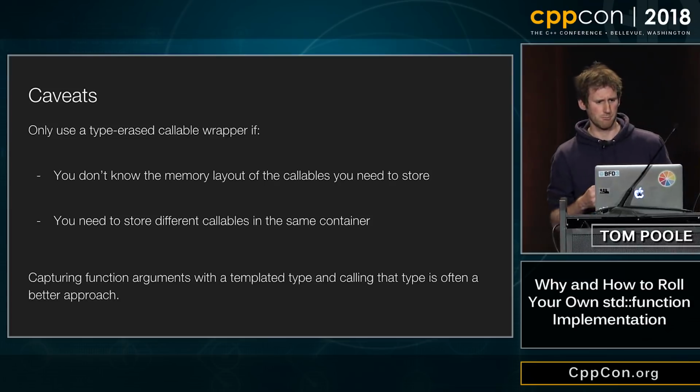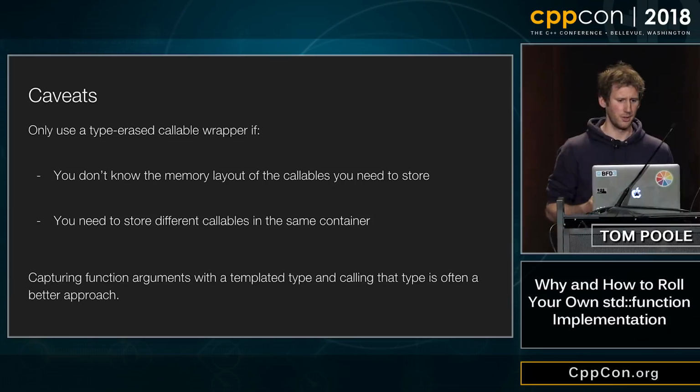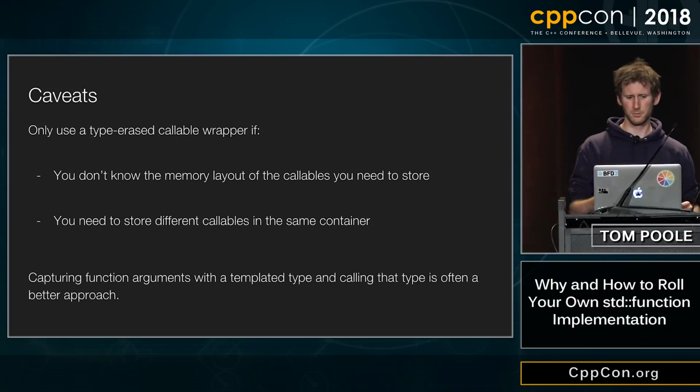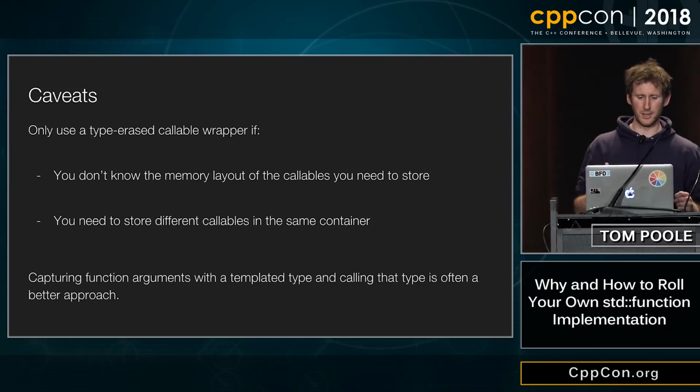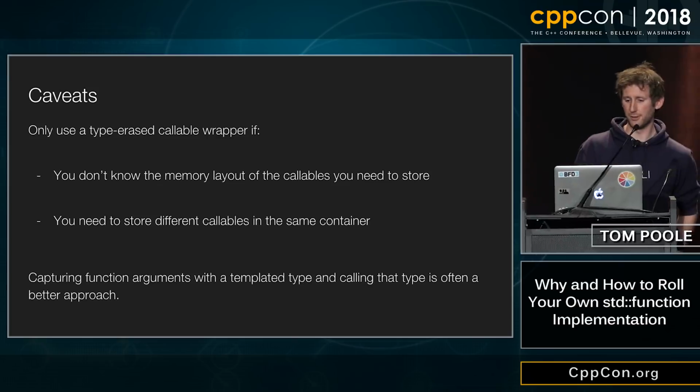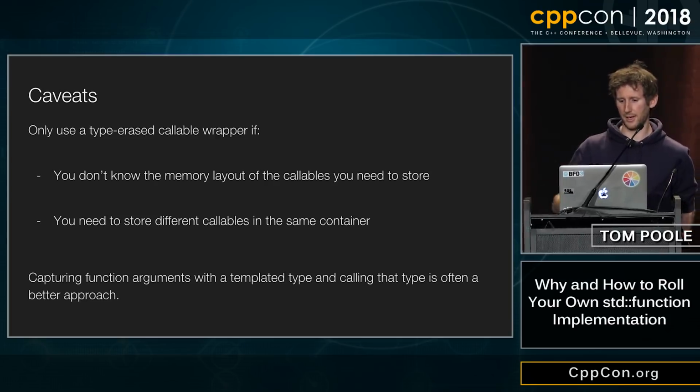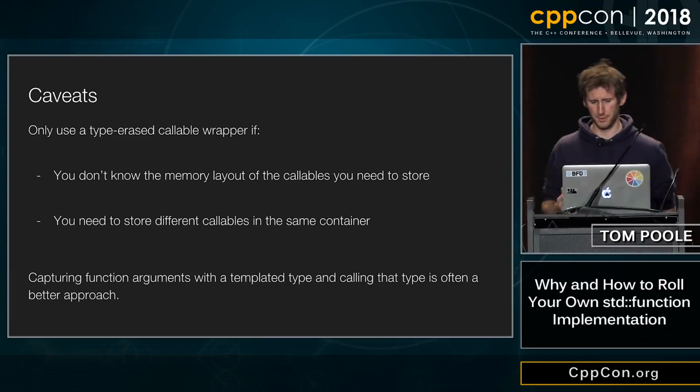A related note is that if you see a std::function in a function signature, then typically, if you instead use a templated type and then just call that type, your code will run faster. This is because the compiler can see the actual type of the thing that you are using, and so you can get things like inlining.